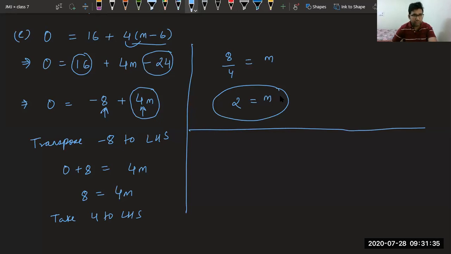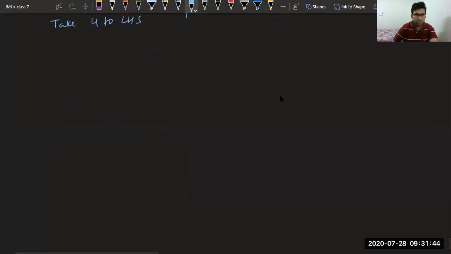Do you want to see this question by inverse also? Okay, let me solve by inverse also. E part. Question was 0 is equal to 16 plus 4 m minus 6.